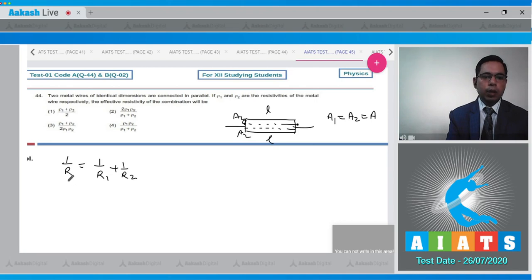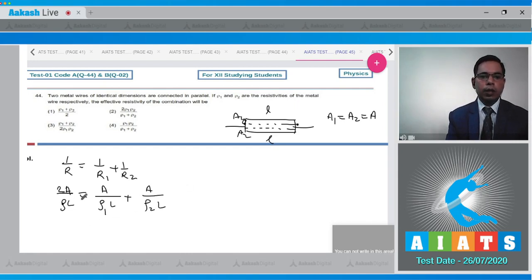Now it can be written as 1 upon rho into L over 2A, that is, 2A upon rho L, which will be equal to A upon rho 1 into L plus A upon rho 2 into L.